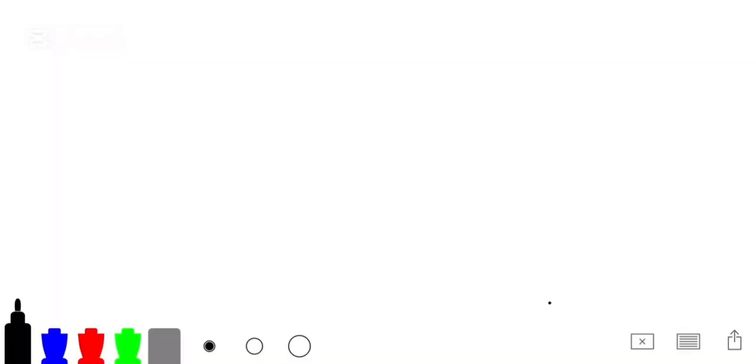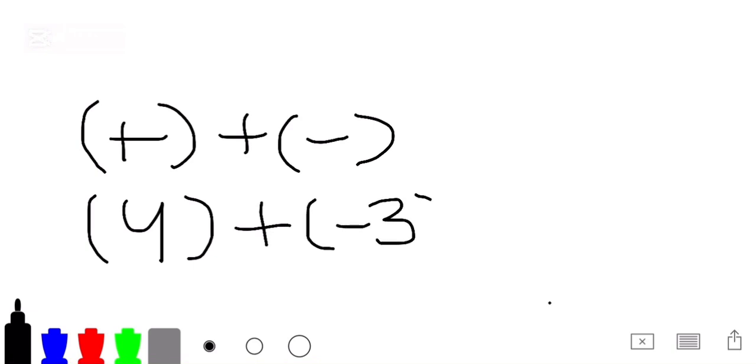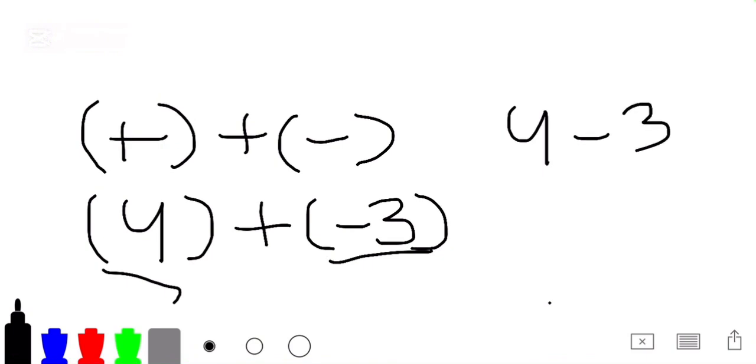What happens if there's a positive and a negative adding? In this case, we can use +4 and -3. So basically, what we can do is find the difference of these two numbers. In this case, we do 4 minus 3, and 4 minus 3 equals 1.